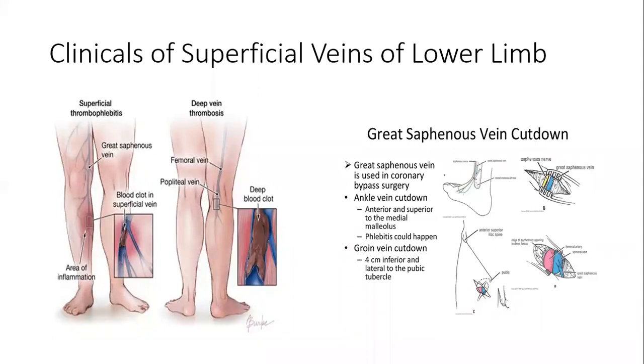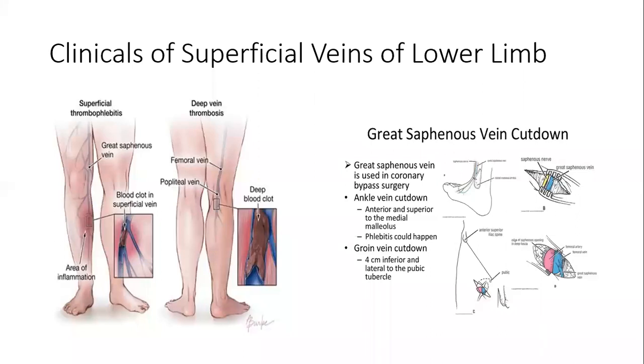All of these conditions lead to the collapse of veins, especially superficial veins in the whole of the body. So in order to build up the blood pressure of the patients, it is one of the common procedures carried out in the emergency rooms by the on-duty doctors.